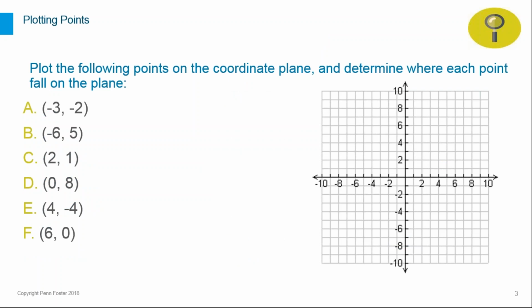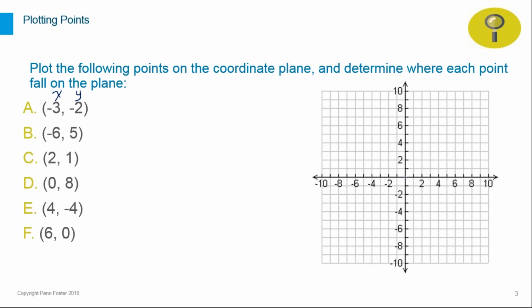To plot points on the coordinate plane, we need to know the x and the y coordinate of that point. As you see here, this is an ordered pair for the point A. Always the first number is the x coordinate and the second number is the y coordinate. The way we plot the point is to start from the origin.